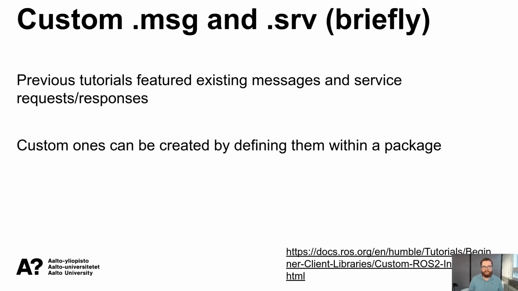The way to do this is that you have to define your own custom messages and service interfaces within a package. So when you're creating or working on a package, you can define these within the package, and also from other packages you can then import defined custom message formats and service interfaces.